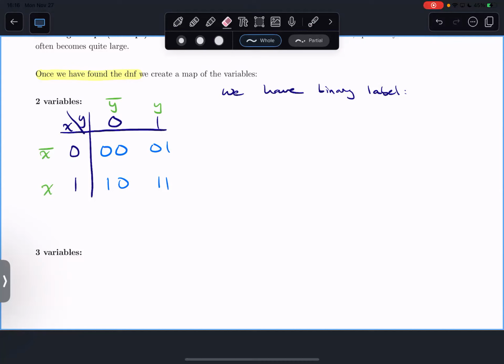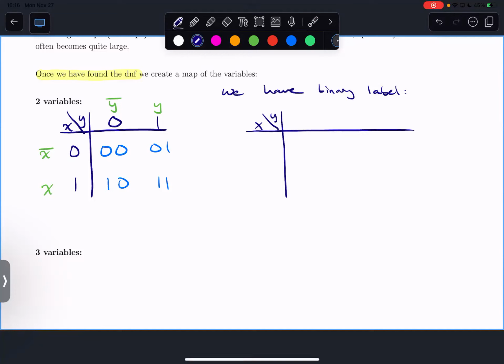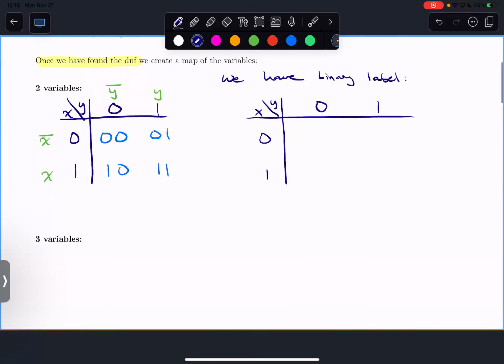So anyways, what's this thing look like? Same deal. X, Y, 0, 1, 0, 1. 0, 0 in binary is 0. 0, 1 is 1. 1, 0 is 2, and 1, 1 is 3.